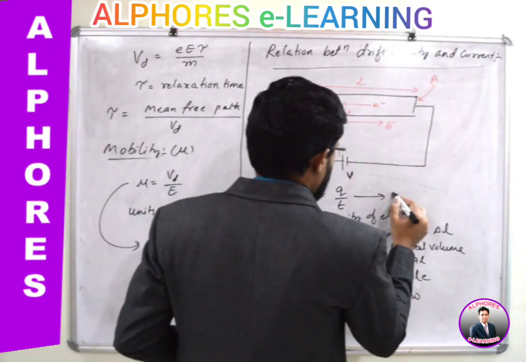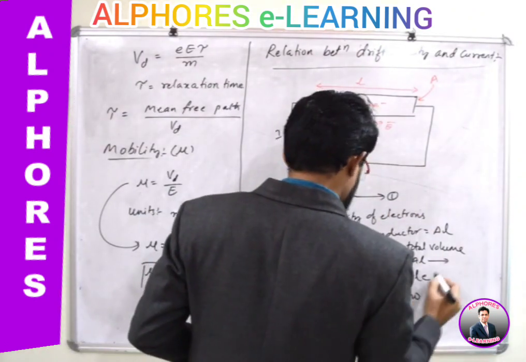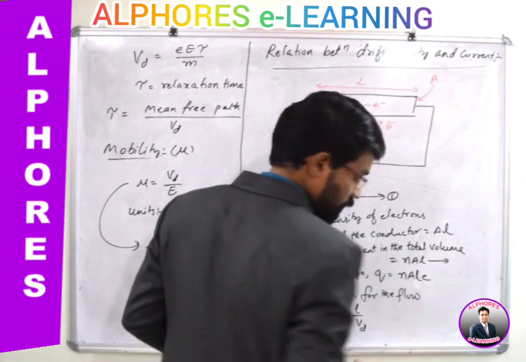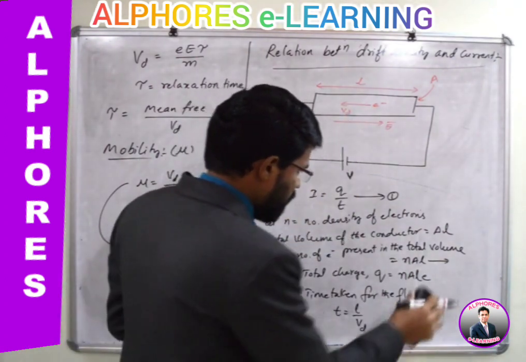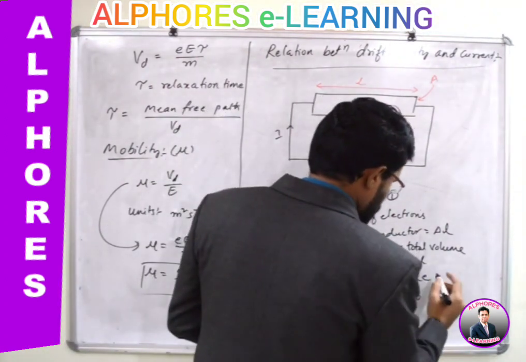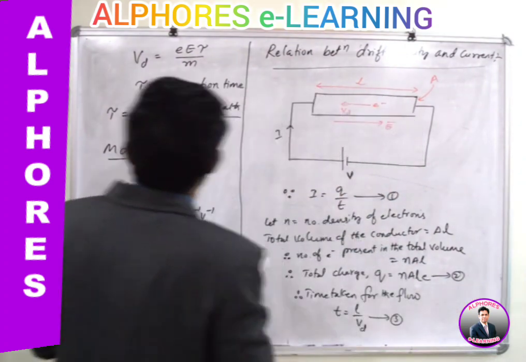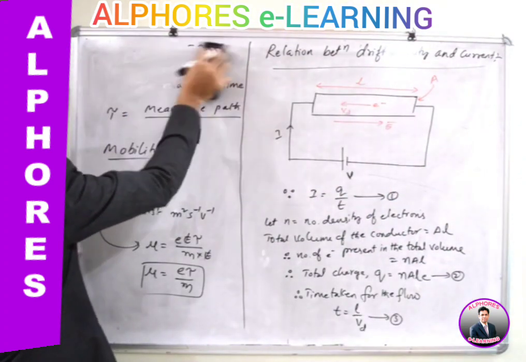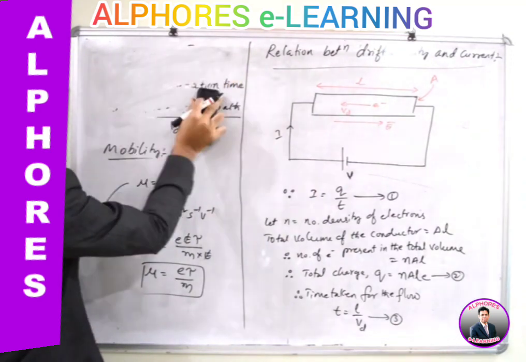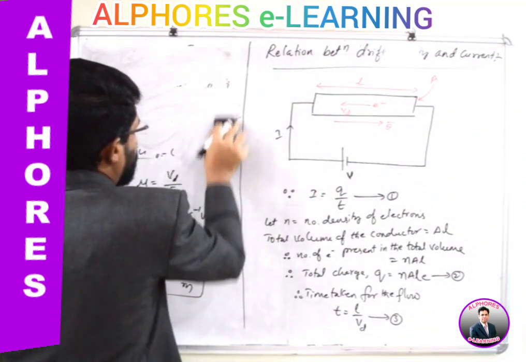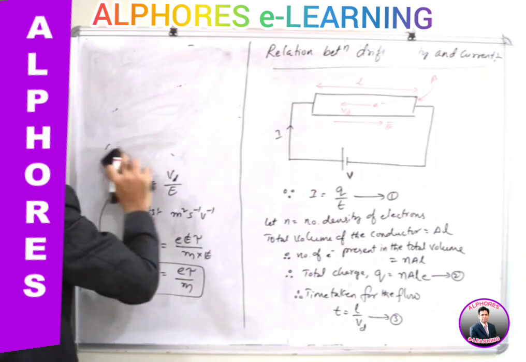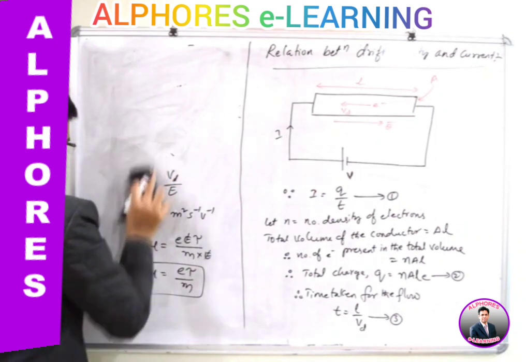Let us take it as equation number 1. We need the total charge, so I'll take this as equation number 2, this as equation number 3. So let us replace the Q and T values in equation number 1. Then what it gives? It gives us current.